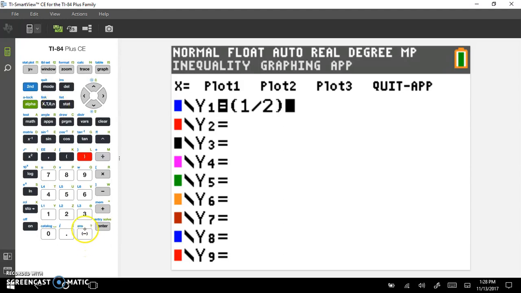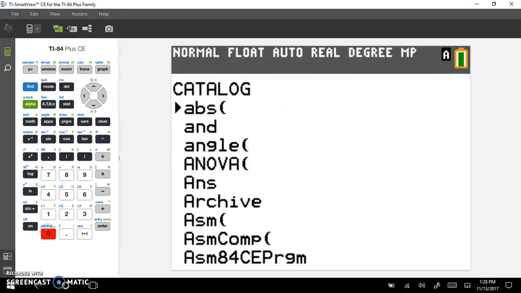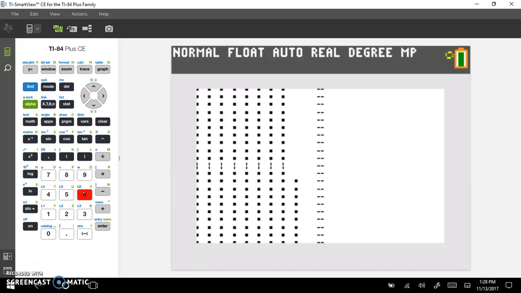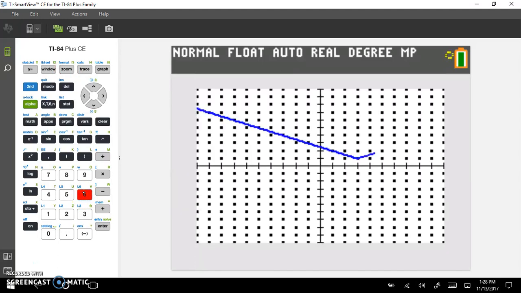To get the absolute value, we click our catalog, and that's our first thing. Absolute value of x minus 3. Get outside of the absolute value, and then plus 1. Now if you graph this, here's your window. That should be the same graph that we talked about. Right here, that was your vertex.